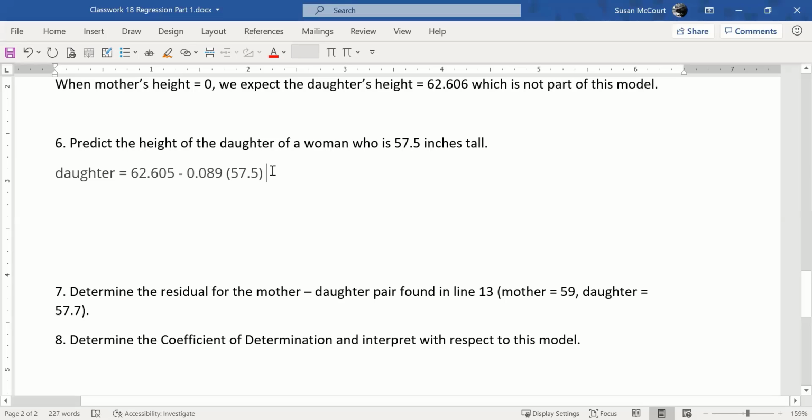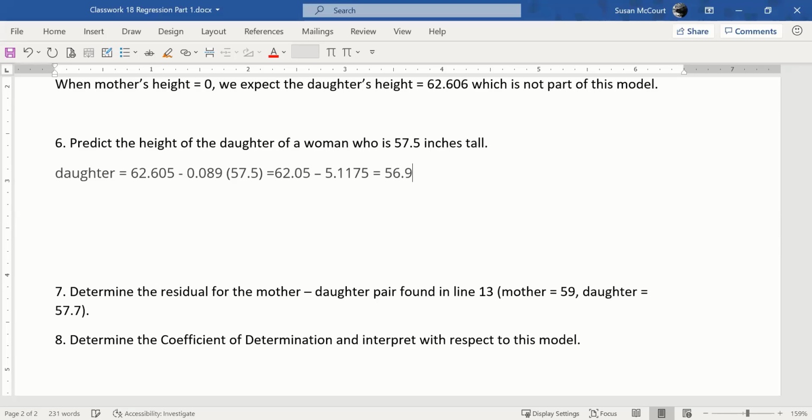I multiply 0.089 times 57.5 and get 5.1175. So 62.605 minus 5.1175. When I subtract that, I get 56.933.